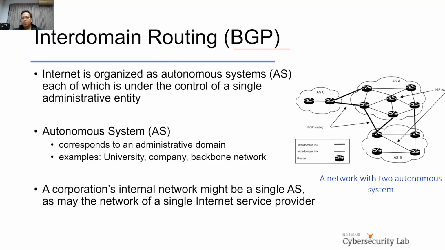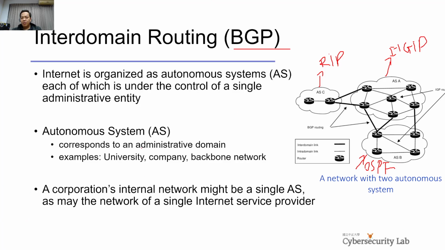So BGP can provide the connection between two different autonomous systems. Like this autonomous system runs the RIP protocol, this one runs EIGRP, and this one maybe runs OSPF. So BGP can support this kind of connection.